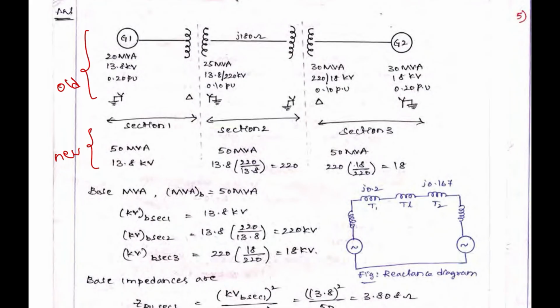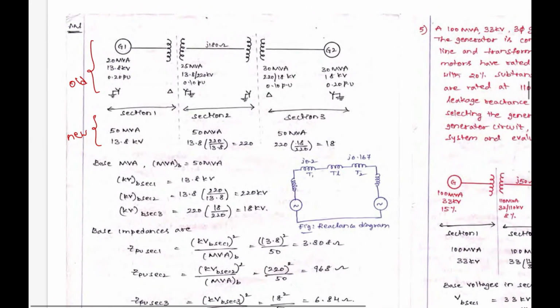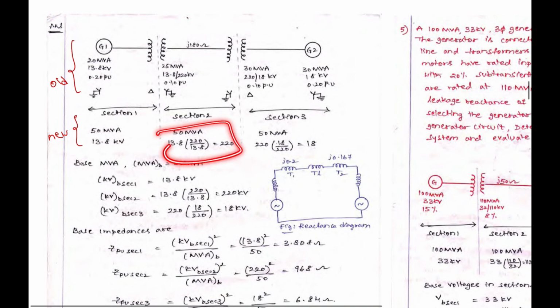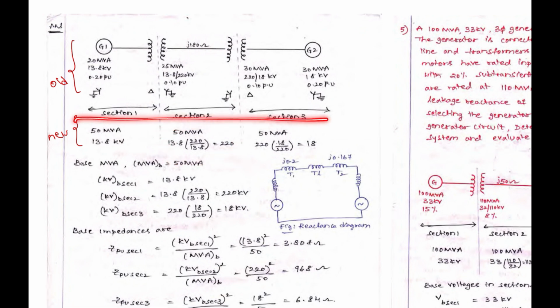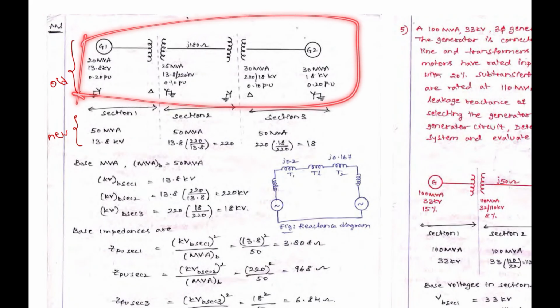So in the third section also, the previous section base voltage is multiplied by the ratio, 18 by 220, that is V2 by V1. These are the new values and these are the old values.